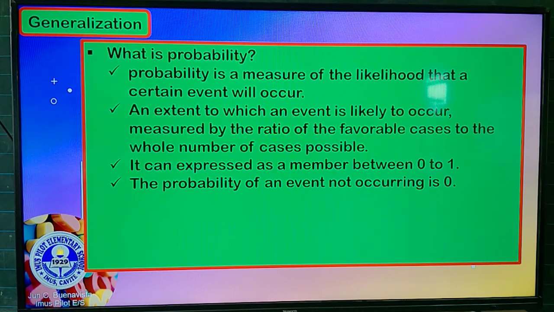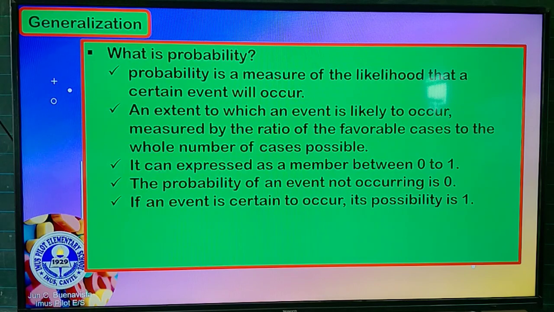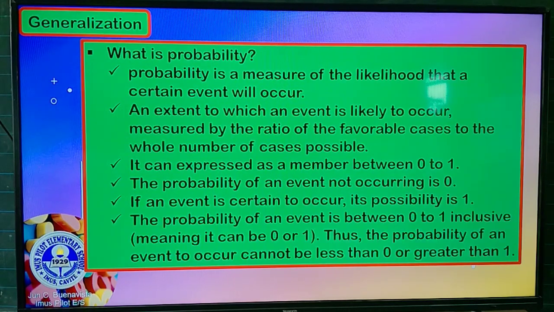If an event is certain to occur, its probability is 1. The probability of an event is between 0 and 1 inclusive, meaning it can be 0 or 1. Thus, the probability of an event cannot be less than 0 or greater than 1.